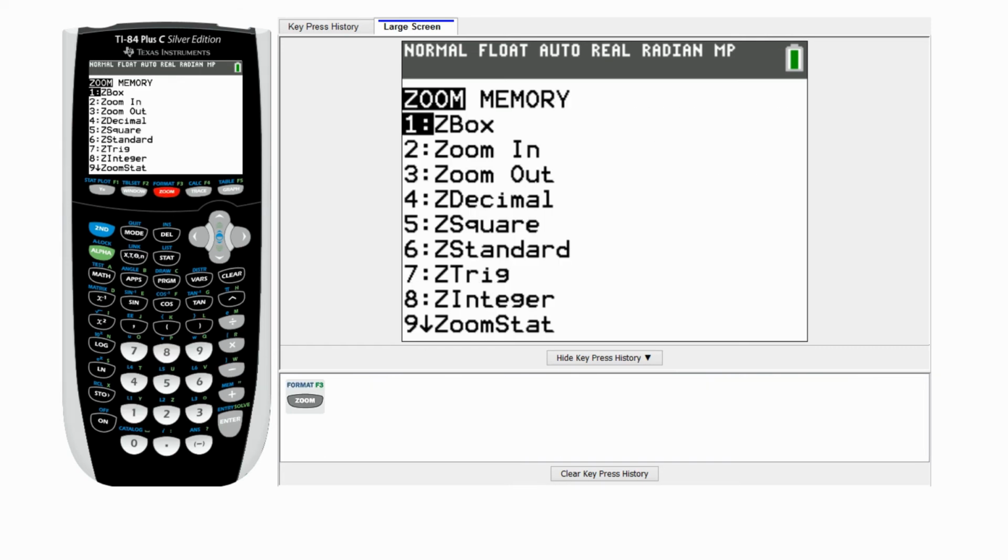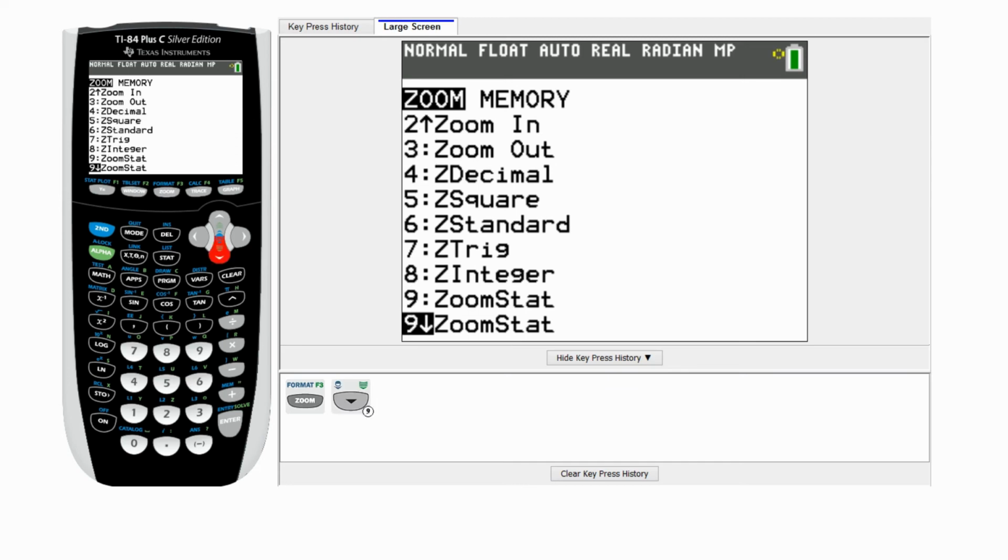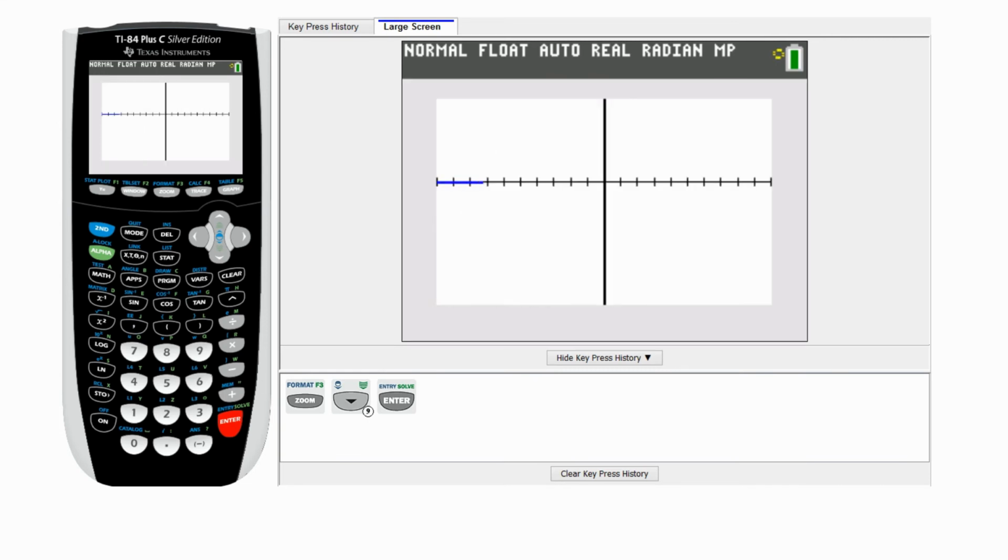Go to zoom, and let's arrow down to zoom fit. Enter. It looks like we have one asymptote.